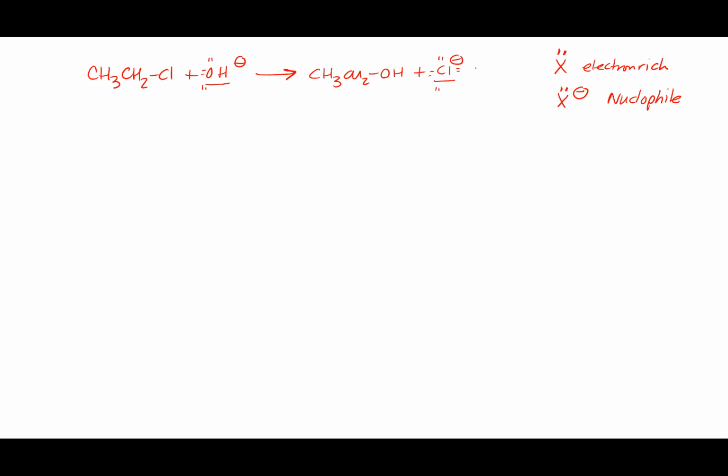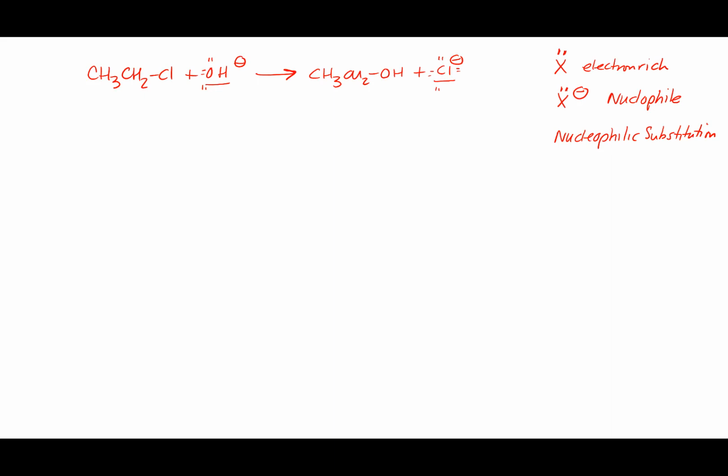And so the name of this reaction is nucleophilic substitution, because I'm substituting one nucleophile for another. Okay, so that's nucleophilic substitution, and it's abbreviated SN for substitution nucleophilic. Okay. All right. So when you do this reaction, there's some things that we want to know about the mechanisms.